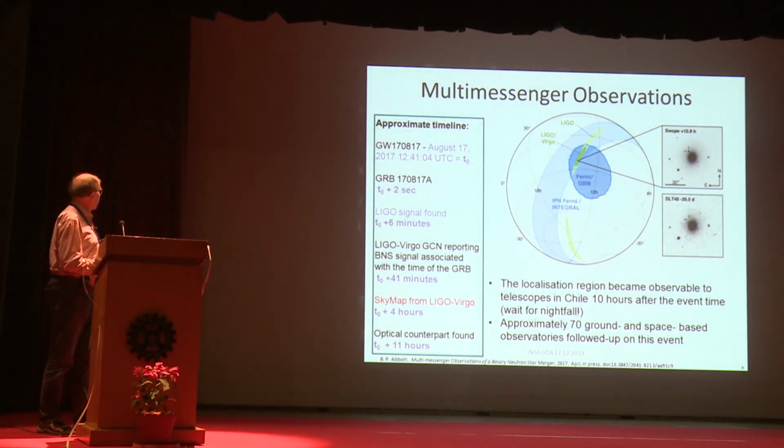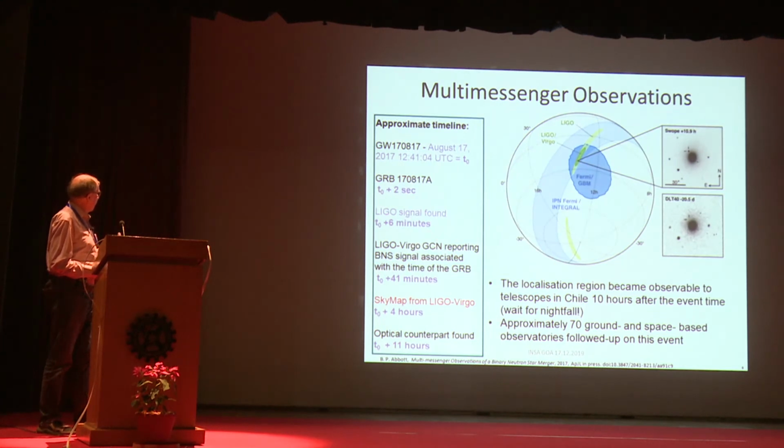The gravitational signal occurred at this time. The gamma ray burst was reported immediately by the Fermi satellite, 2 seconds later. It was even before LIGO reported the signal, just because LIGO needed a few minutes in order to process the data and realize that there was a significant signal.